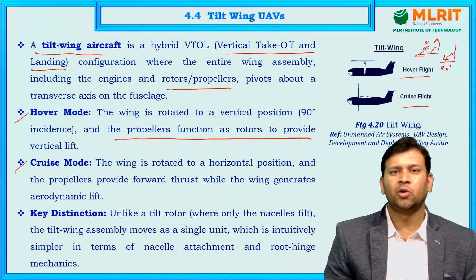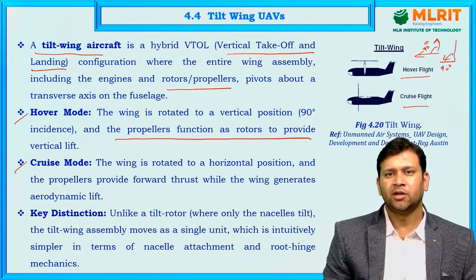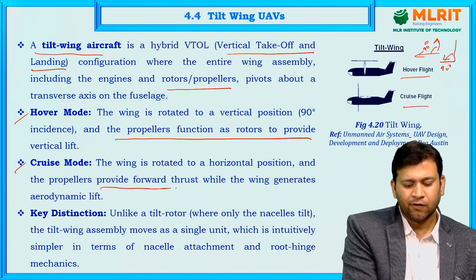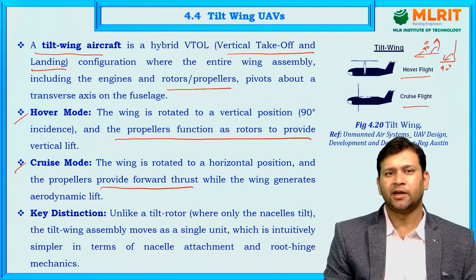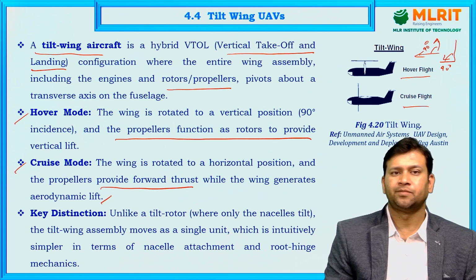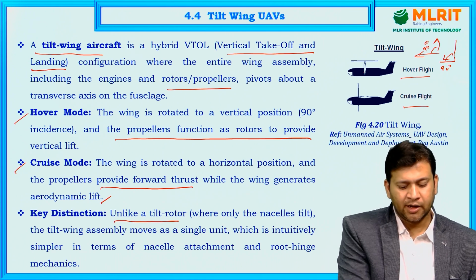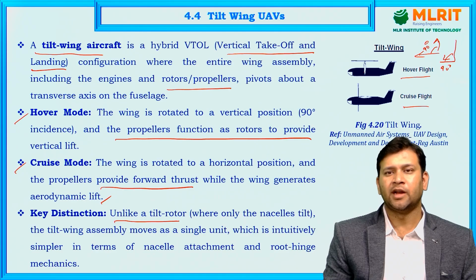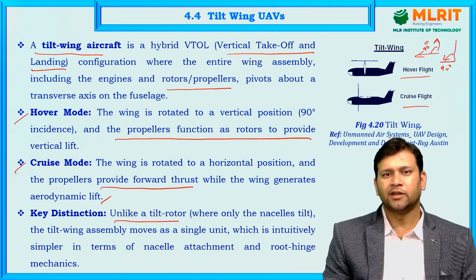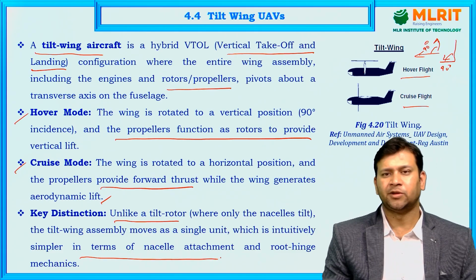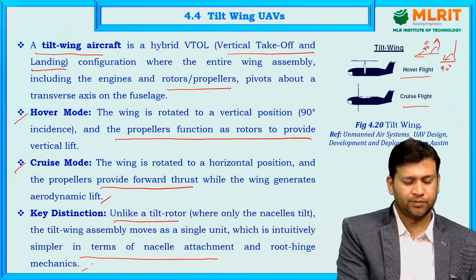Coming to the cruise mode, the wing is rotated to a horizontal position and the propellers provide forward thrust while the wing generates aerodynamic lift. The key distinction here, unlike a tilt rotor where only the nacelles tilt, is that the tilt wing assembly moves as a single unit, which is intuitively simpler in terms of nacelle attachment and root hinge mechanisms.